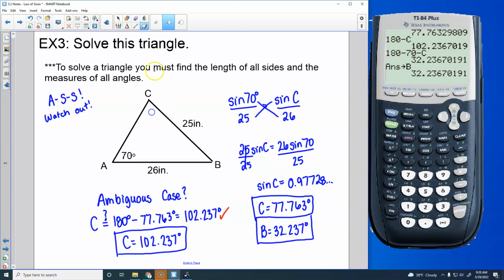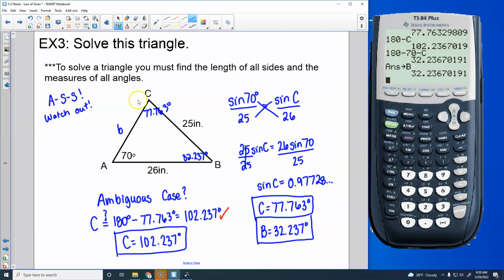All right, so now we have all of the angles. So in this first scenario, we got 77.763 here, and then we've got 32.237 here. So the only thing we would be missing is side B over here. And so what we'll have to do for this one is set up the law of sines again.